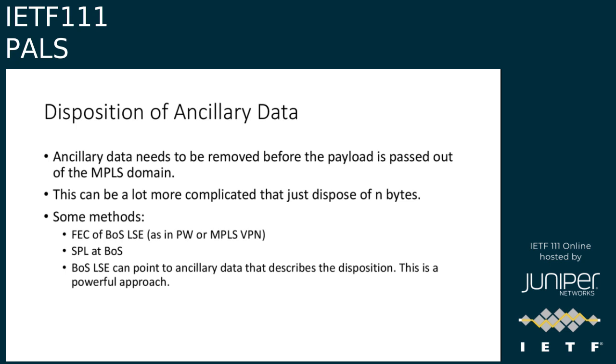We can follow the same technique as in pseudowire, which says, what follows the bottom of a stack. We can have an SPL at the bottom of a stack, a bit like a GAL, to say what to do. But the most powerful thing to do is to make the bottom of stack LSE point to auxiliary data that describes the disposition. This is much more powerful than any of the implicit methods that we've used in the past. Next slide, please.